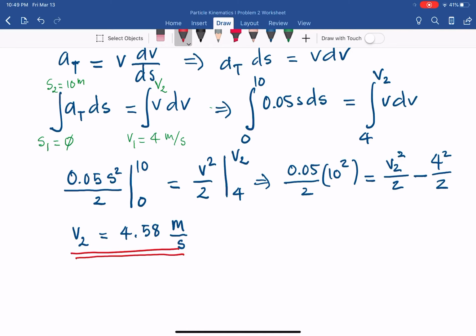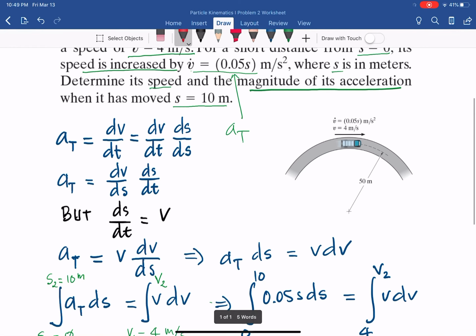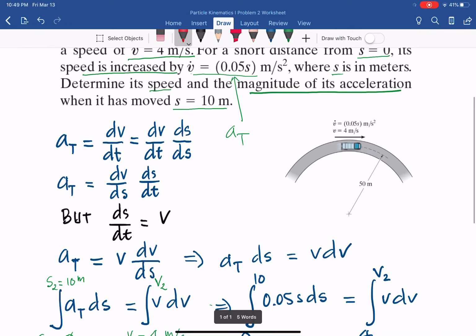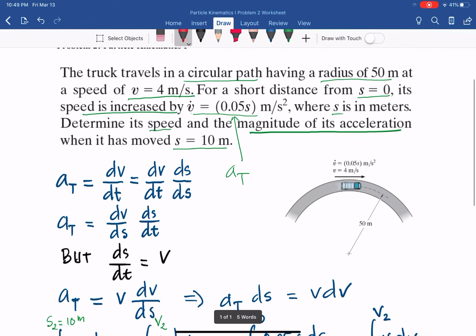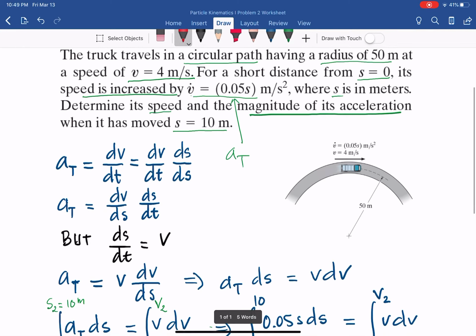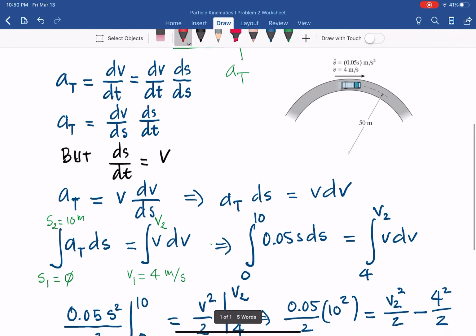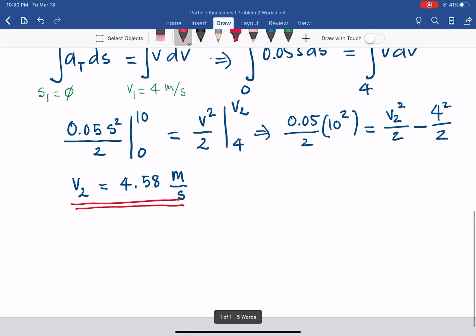Okay, and then if we go to the magnitude of acceleration, keep in mind this is a circular path, so it is curvilinear motion. There will be two components of acceleration, tangential and normal.